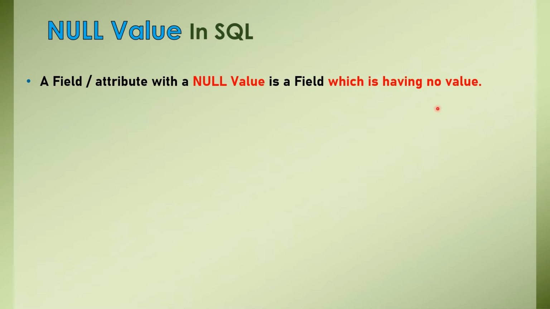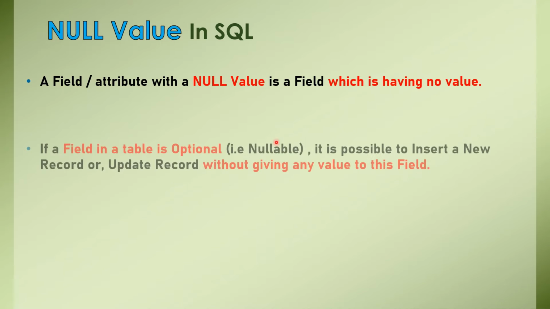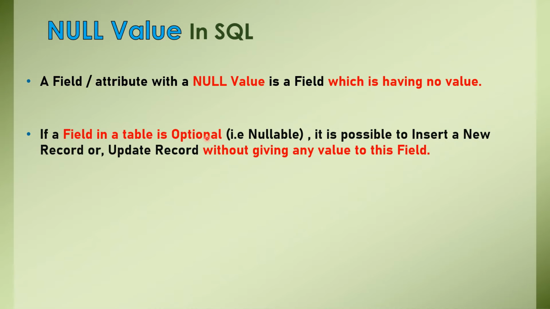Now, a field in a table can be optional. There is a mechanism in SQL by which you can say that this field is optional, meaning it is a nullable or non-nullable field. That option is in your hands, so you can declare the field as nullable or non-nullable.